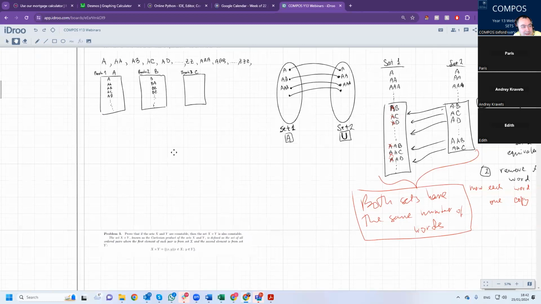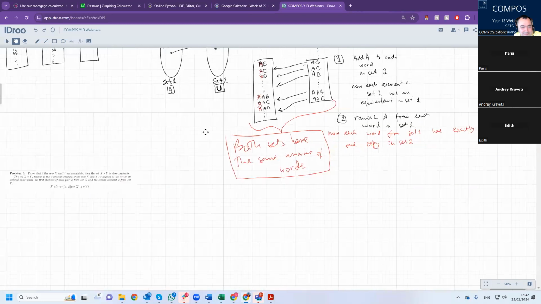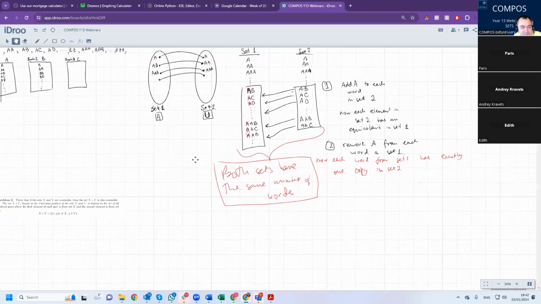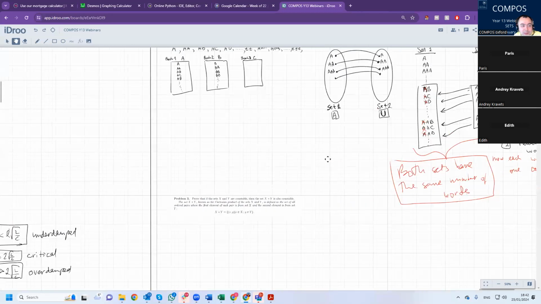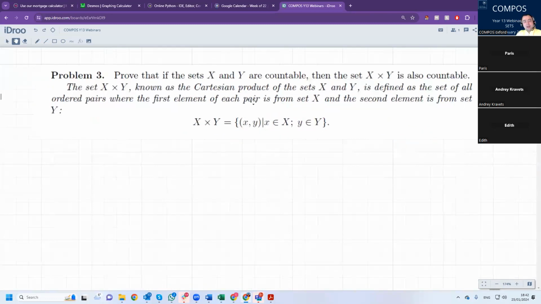Okay, so we've done the dictionary. Now, this problem looks more scary than it is.